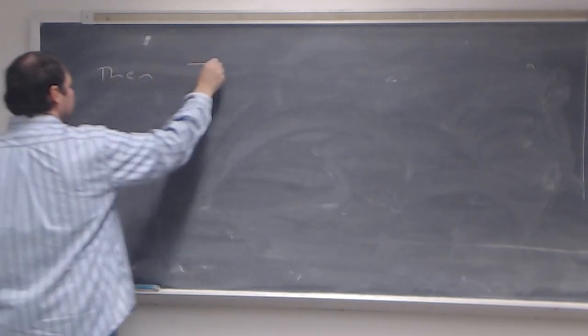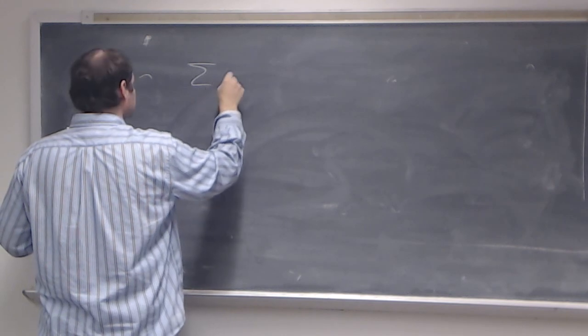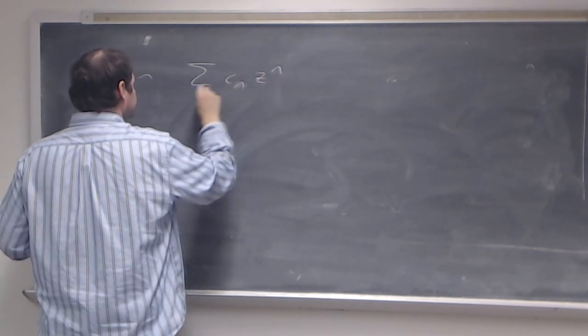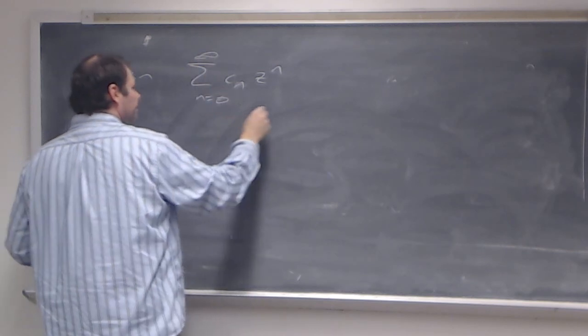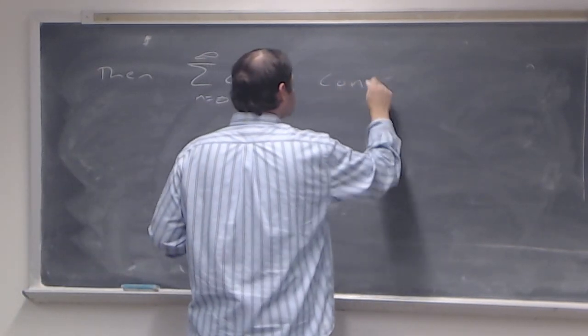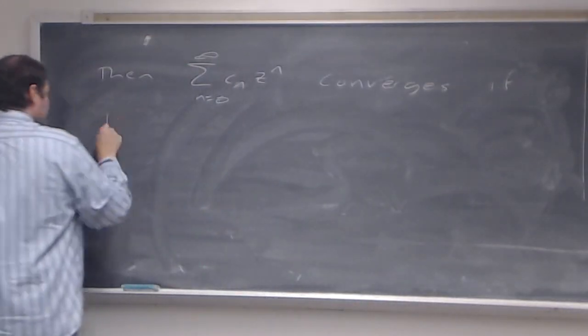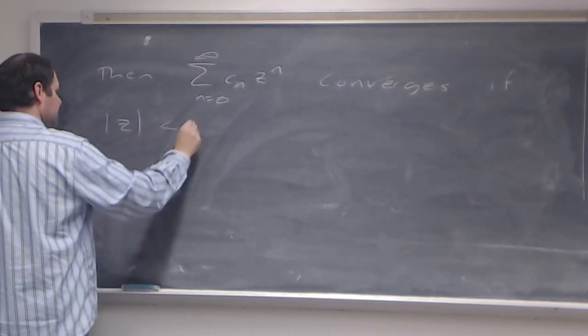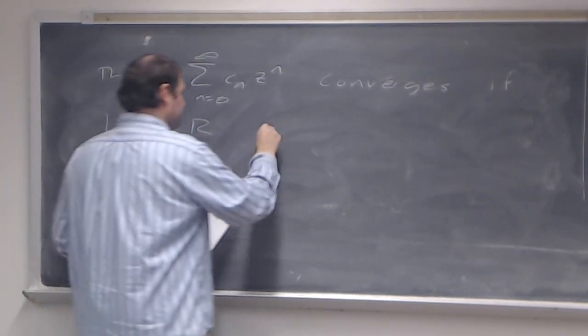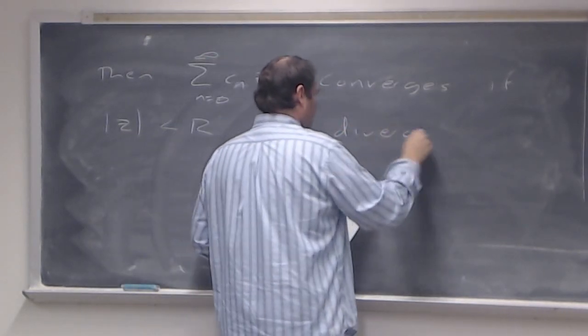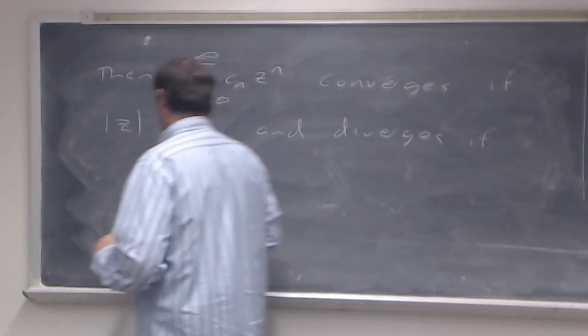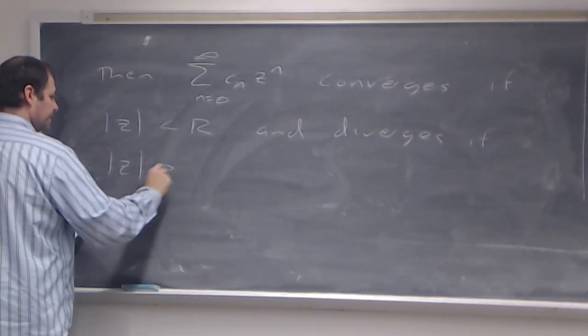So the theorem concludes with: then the series sum of c sub n z raised to n converges if the norm or absolute value of z is less than r, and diverges if the norm of z is bigger than r.